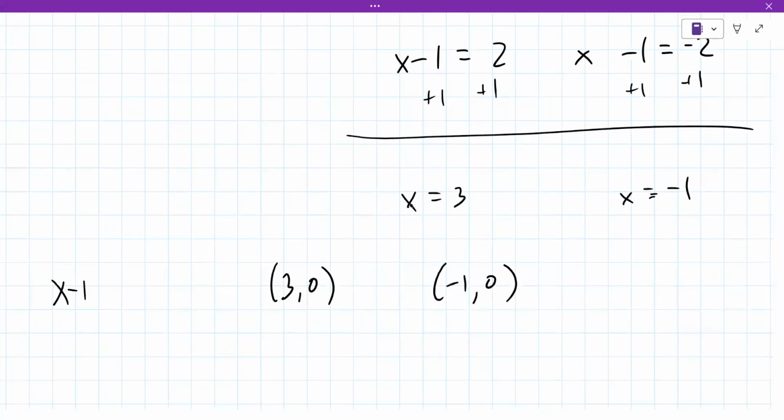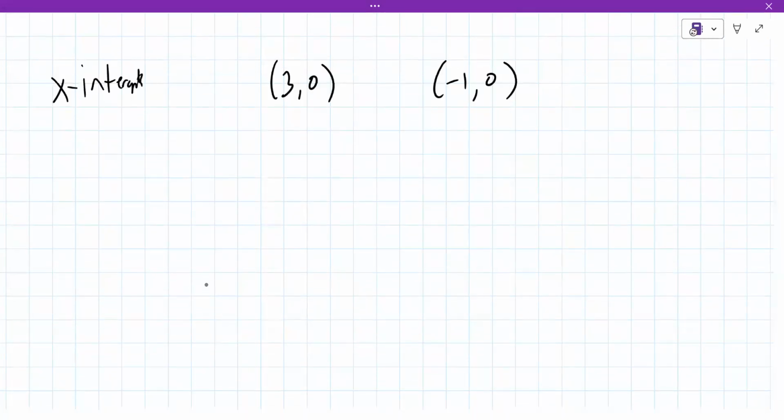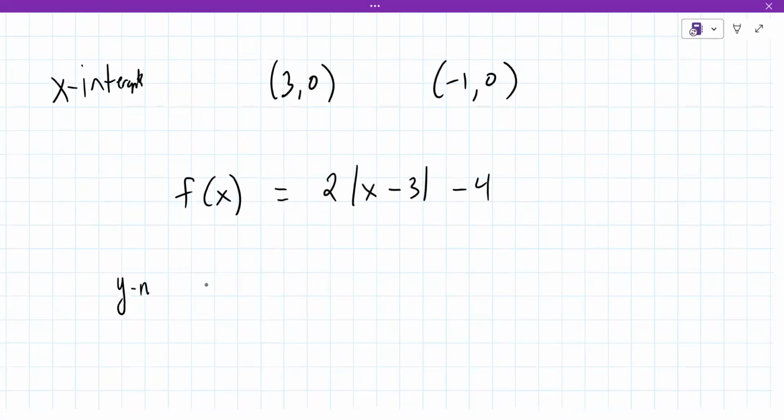So the main thing that you're trying to figure out when you're looking at these problems is they're going to give you some sort of f of x. It's going to equal 2 absolute value x minus 3 minus 4. And there's two things you can find. The first is the y-intercept. That's when x is 0.